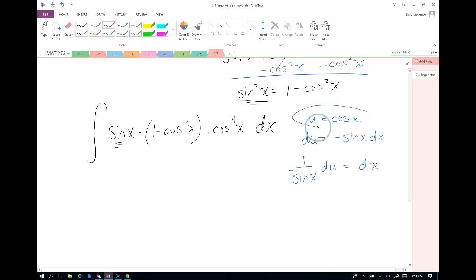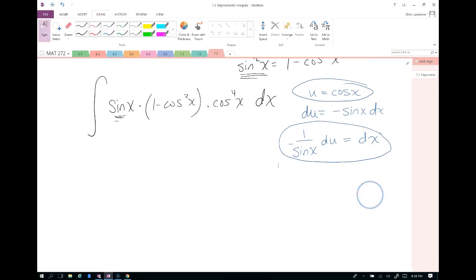So now we're going to do some replacing. I'm going to replace all of my cosines with u, and I'm going to replace my dx with negative 1 over sine x du. And we'll see what happens to this integral.